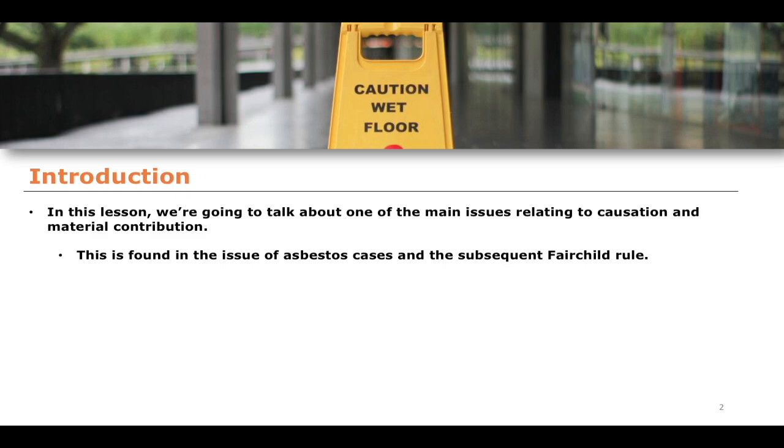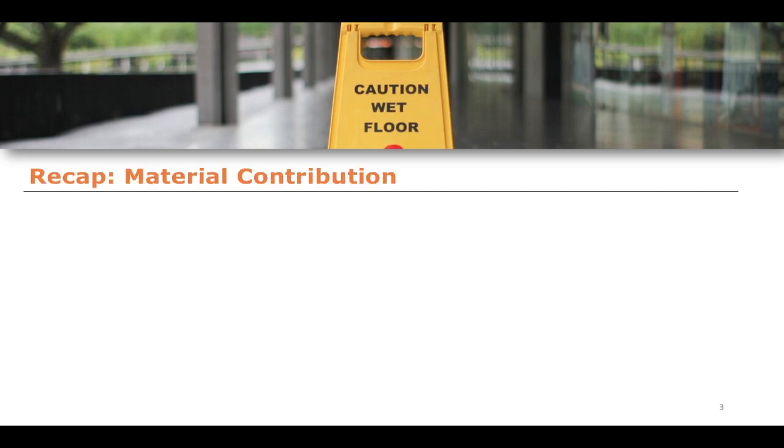It is limited to only the issue, at least in terms of the facts of the case, of asbestos cases. It's possible for there to be similar factual circumstances that would merit application of the Fairchild rule, but for the most part, we're talking about asbestos cases in this regard.